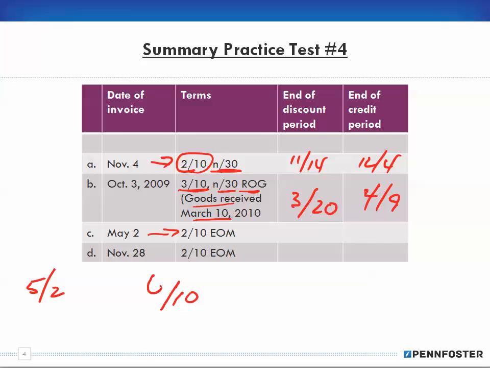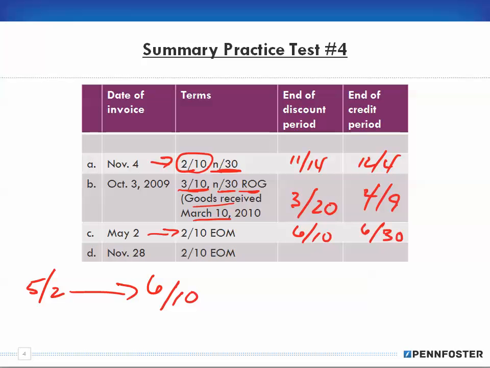The following month from May is June. So we have until June 10th in order to take a 2% discount. And the end of the credit period would be the end of that month, which would be June 30th, since there are 30 days in June.